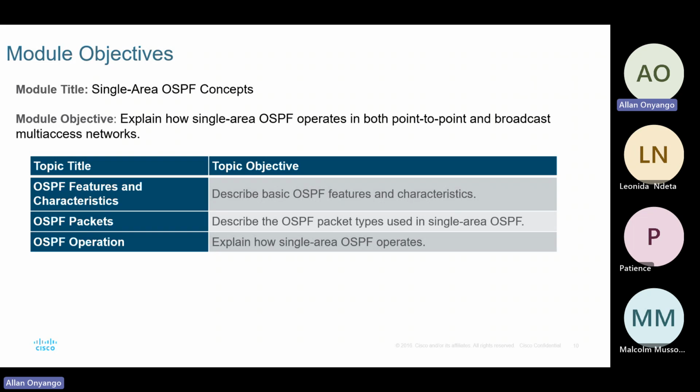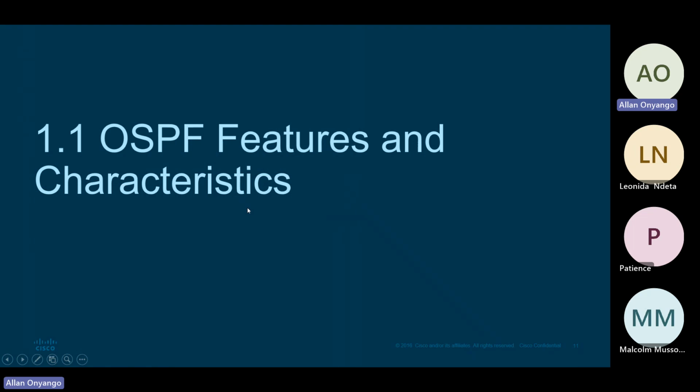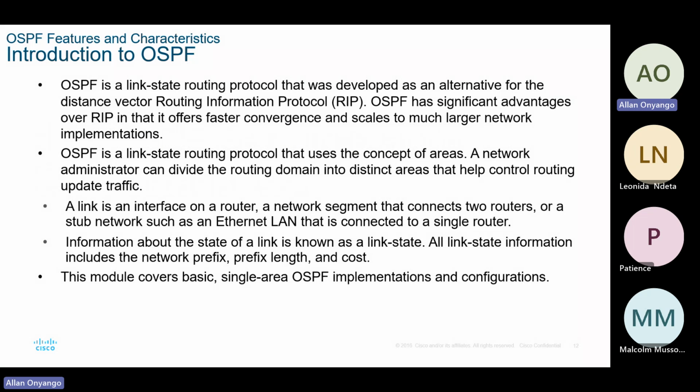So we'll describe some features and characteristics of OSPF. Remember, OSPF means open shortest path first. We'll describe the OSPF packet types that are used in single area OSPF. Then we'll explain how single area OSPF operates. Very, very important. And if we can understand single area OSPF, then we will definitely understand multi-area OSPF. So let's look at some features of OSPF here.